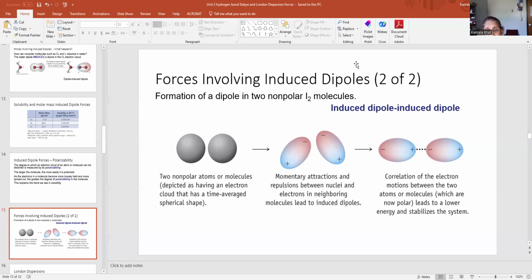Because of the induced dipole, momentary attractions and repulsions between nuclei and electrons in neighboring molecules lead to induced dipoles. Correlation of the electron motions between the two atoms or molecules, which are now polar, leads to a lower energy and stabilizes the system.